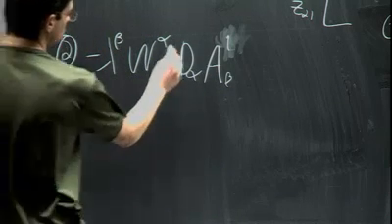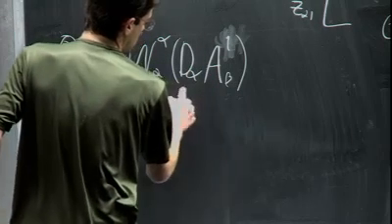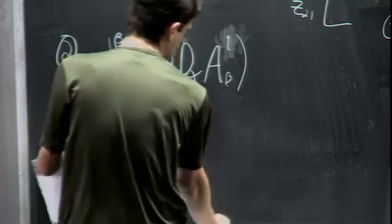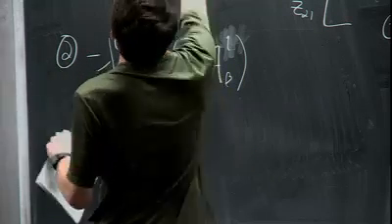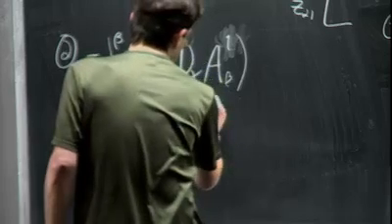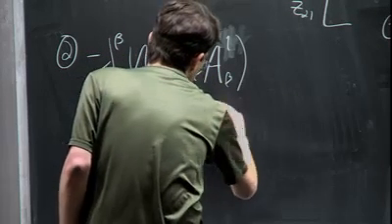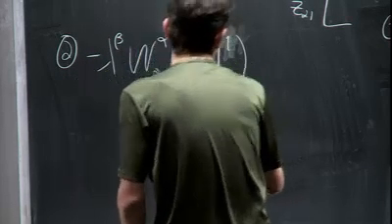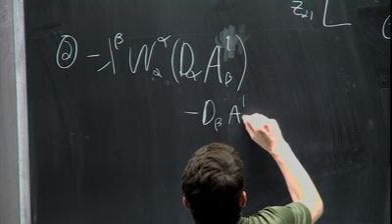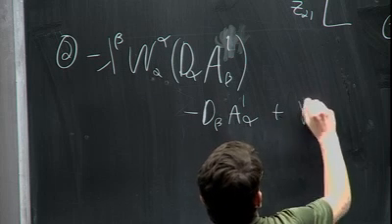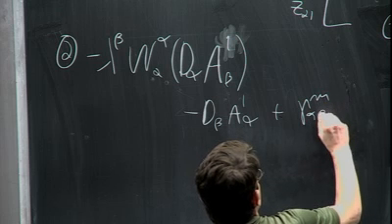And now we have this term here, and we use the equation of motion over there, and this becomes minus del_beta A1_alpha plus gamma^m.